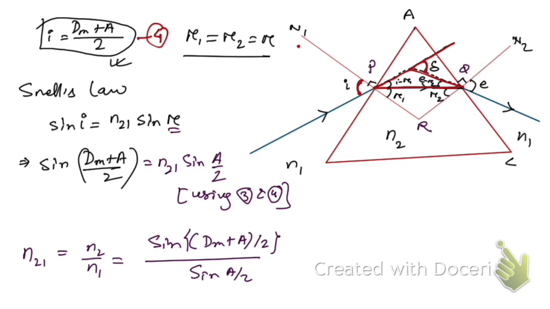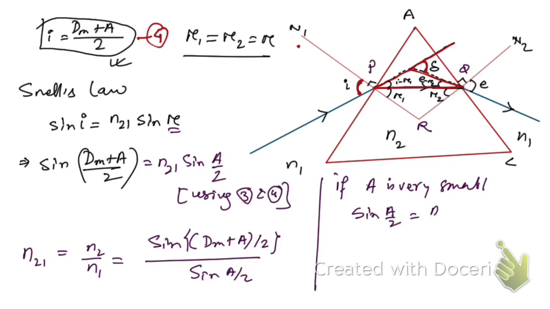And you see, for a prism of small angle, that means if angle A is very small, sine A by 2 can be written as A by 2 for small angle A. Similarly, sine of (dm plus A) by 2 also can be written as (dm plus A) by 2, if the angle is very small.